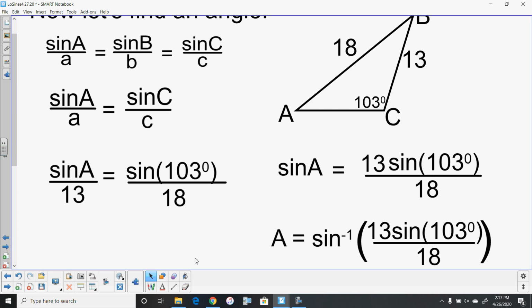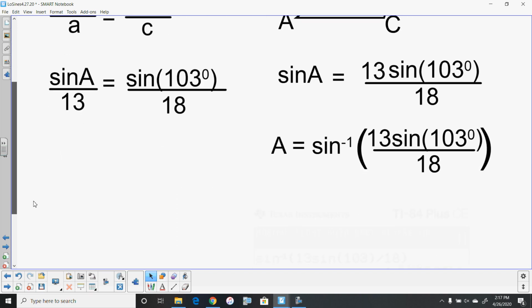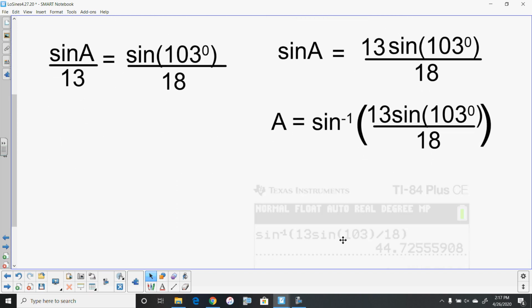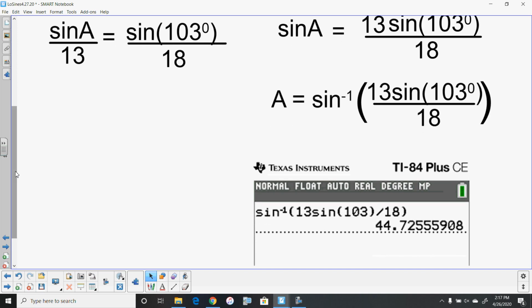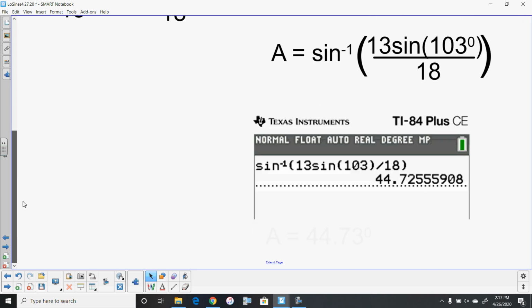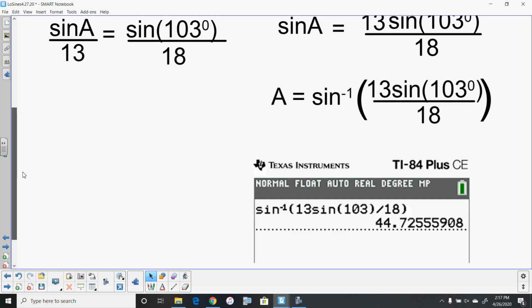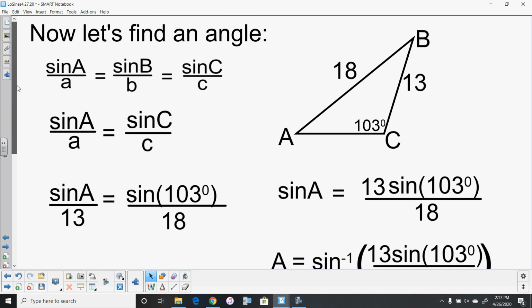The inverse sine of 13 sine 103 over 18 sounds kind of crazy, but that's what these calculators are built to do. You can do that in one move on your calculator, like so. The inverse sine, 13 sine 103 over 18, close your parentheses, and we get that A is about 44.73 degrees.